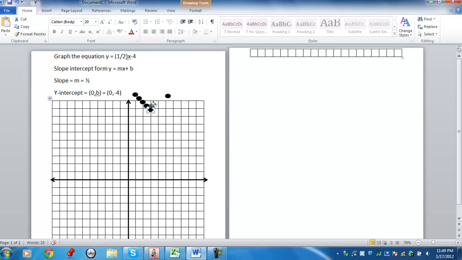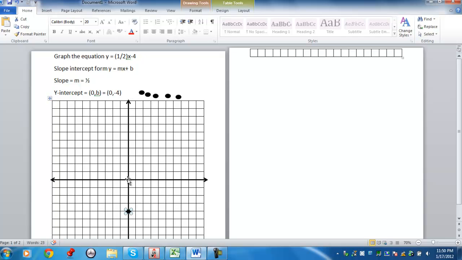To make a line graphing this equation, you need a minimum of 2 points to graph a line using this information here. Obviously, you can choose more. I'd start with the y-intercept and just put these dots on the line here, like for example 0, -4.